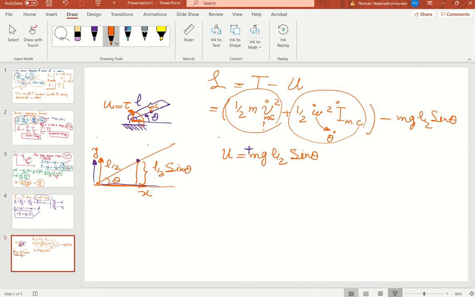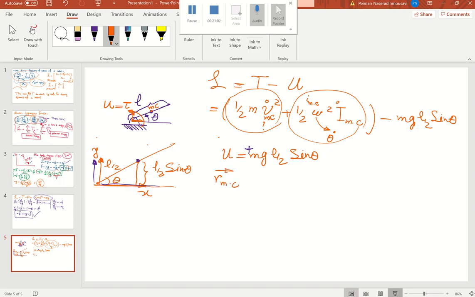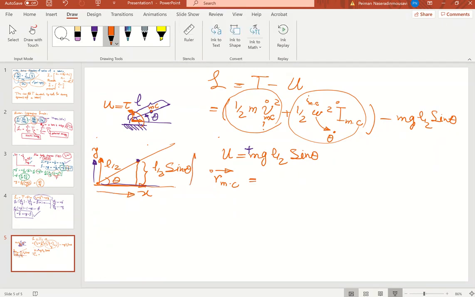Oh, it's a typo here, guys. This is with respect to its own mass center, link I, y equal to 0. So what is V? How do we calculate that? The position vector of MC with respect to the reference coordinate system is gonna be this vector plus this vector.